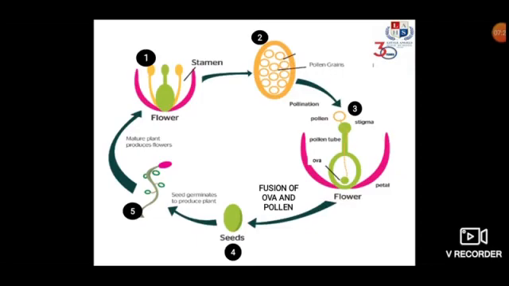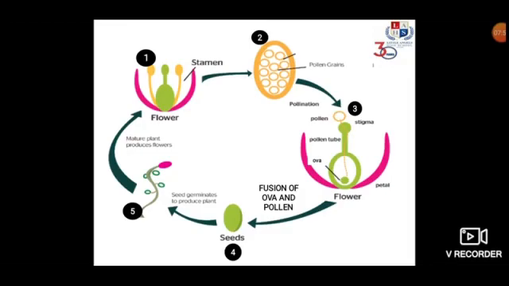Now, stamen is the male part of the flower and it produces what? It produces pollen grain. So, then there is this process of pollination which goes on, in which the pollen grain from the male part of the flower lands on the stigma, which is the female part of the flower. And here the ovum and the pollen grain fuse together to form a seed.